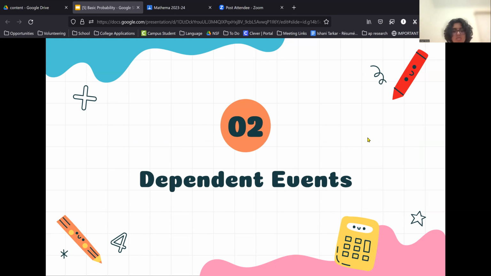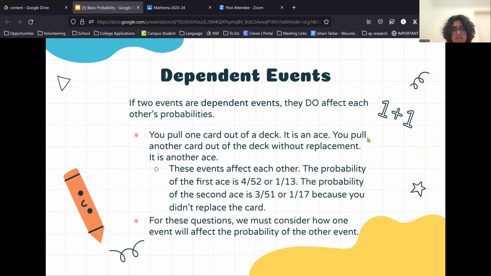Okay, so now we're going to go over dependent events. If two events are dependent, that means that the events are not independent, meaning that they do impact each other. So say for example, I had 3 marbles in a sack, right?